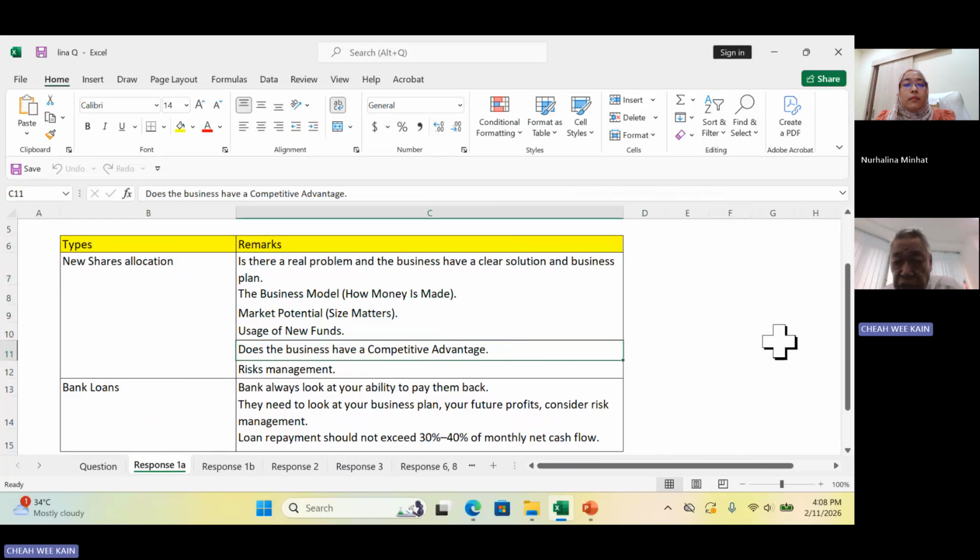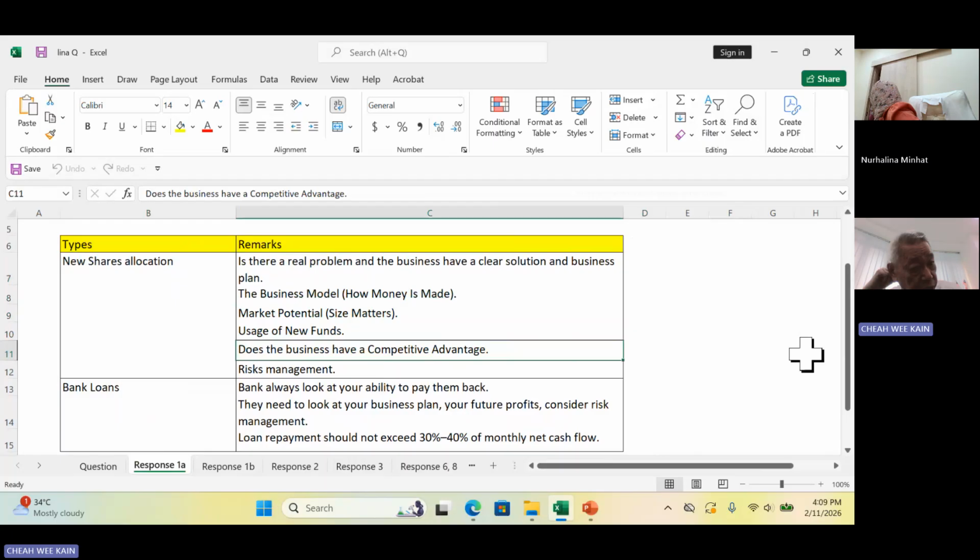And this is a very critical one: does your business have a competitive advantage? Now, the word competitive advantage means your company has a certain advantage that your customer will buy from you or come and see you instead of seeing your competitor. That is the key point.